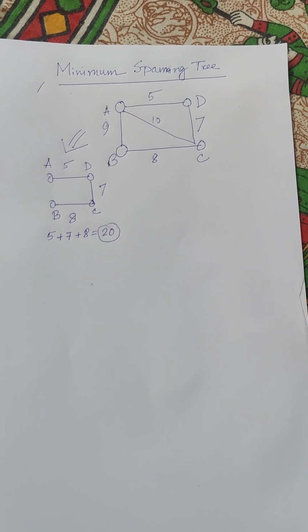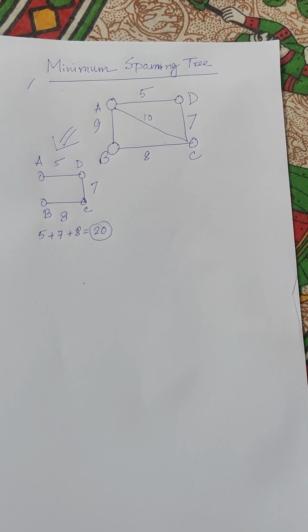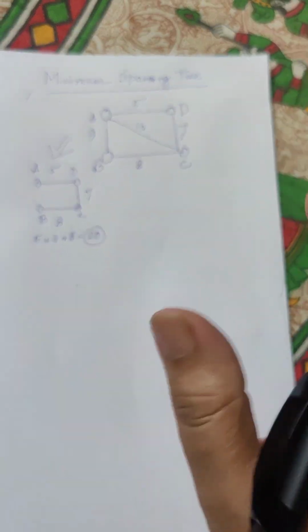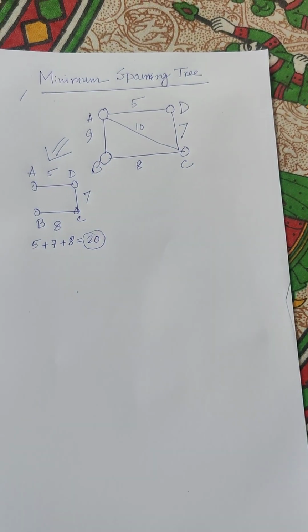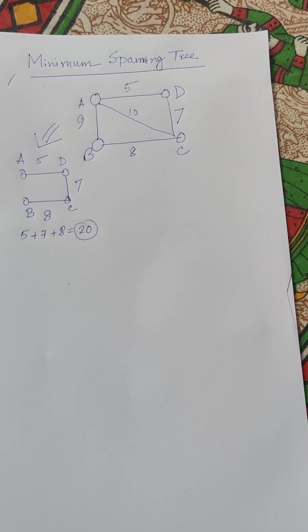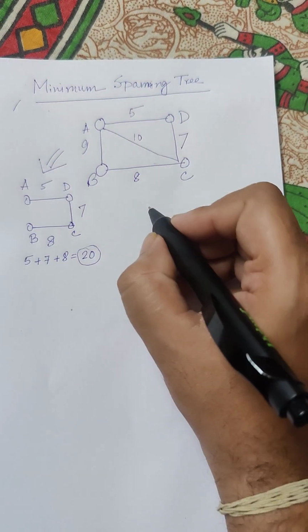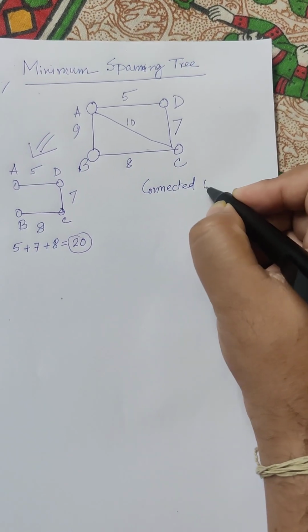Now we will come to what that spanning tree is, but before that let's understand it from the graph perspective. It is first of all a weighted graph, and this is also a connected weighted graph, right? So let me write it first. This is connected and this is weighted.